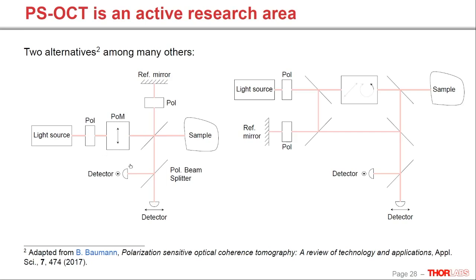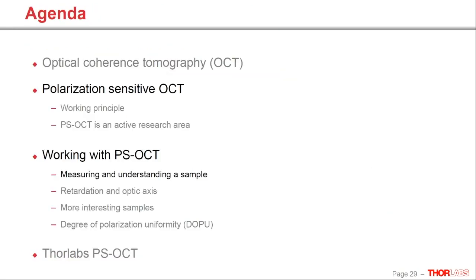On the left, they use, for example, a polarization modulator to make a sequence of two polarization states. On the right, inside this Mach-Zehnder interferometer, they use multiplexing to get two polarization states in a single sweep. More interesting than describing the working principle is actually working with a PS-OCT, and Matthias will describe that part.